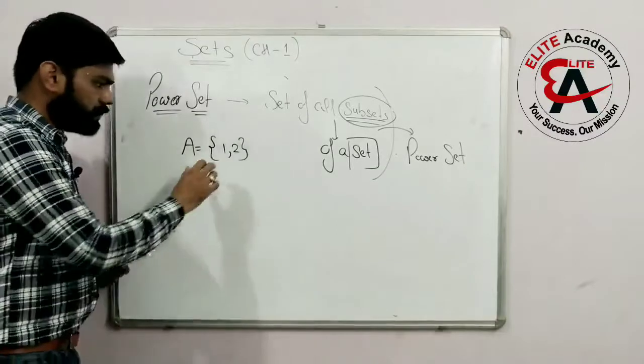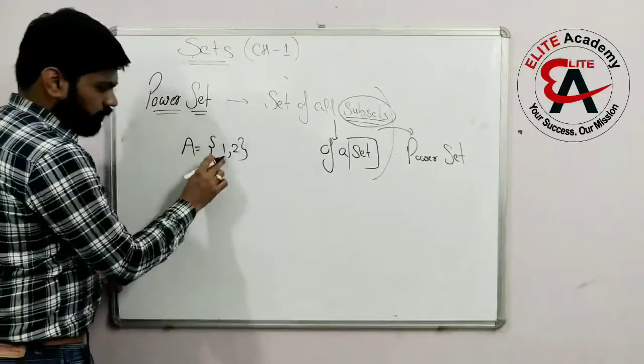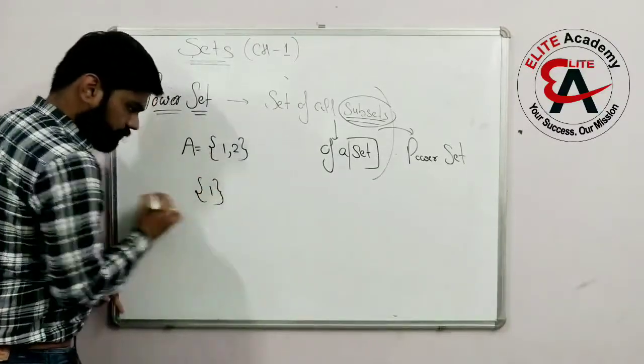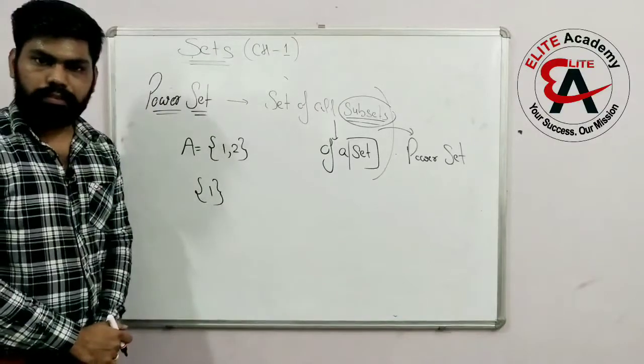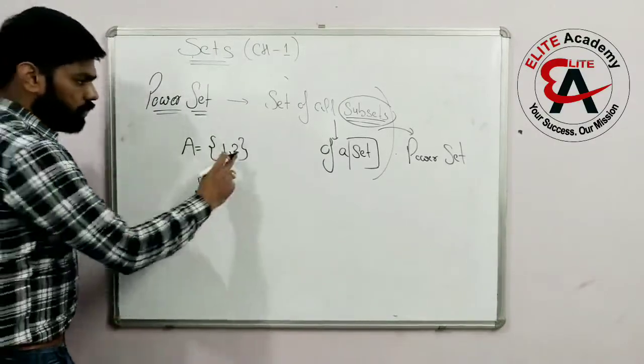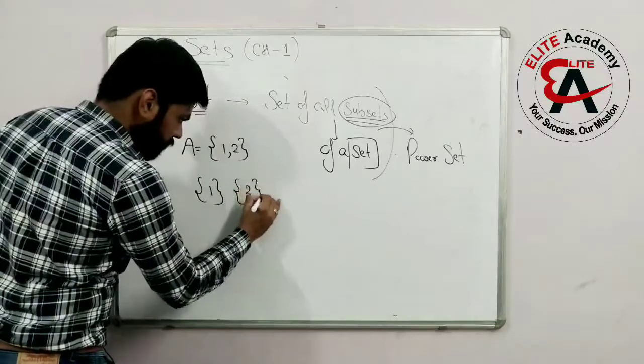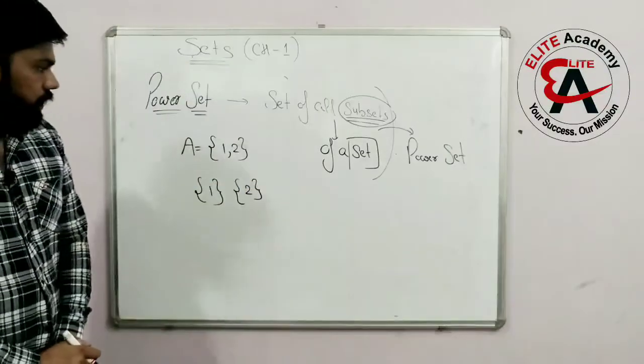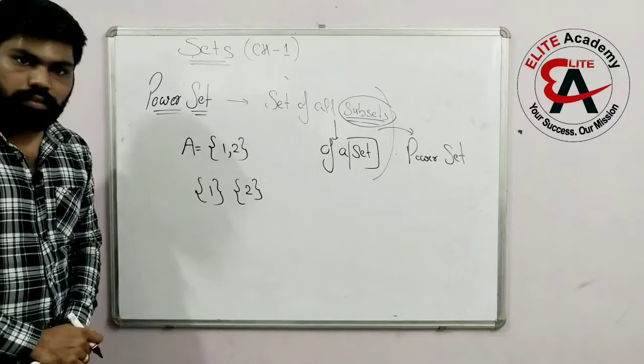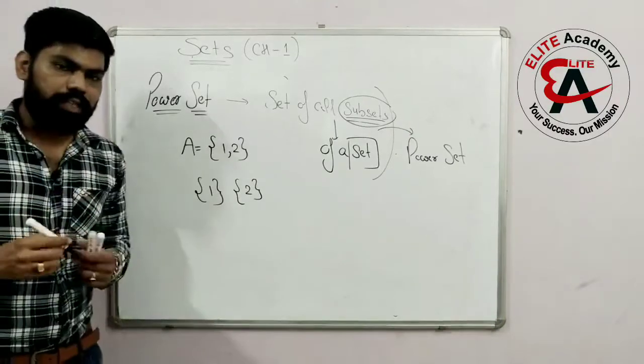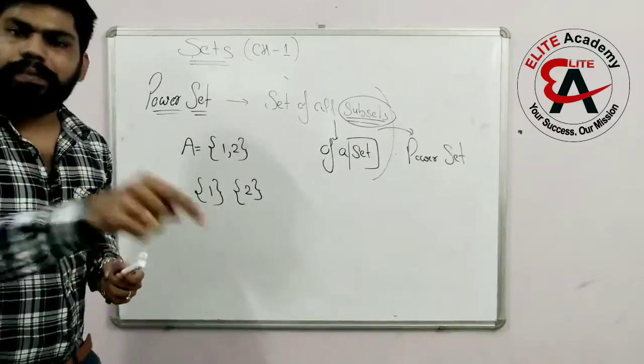Let us write down the subsets. What is possible? Only one, it can be a subset of this. What else? Only two. You have to write every possible one.